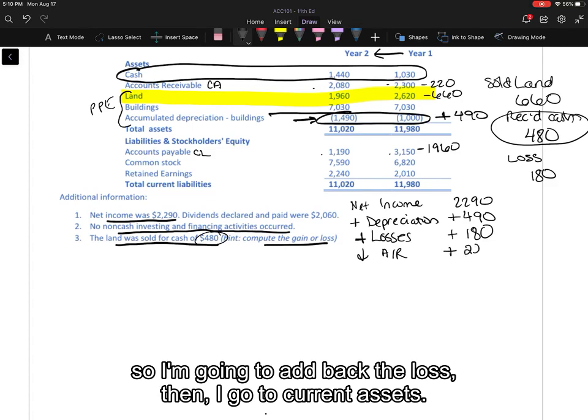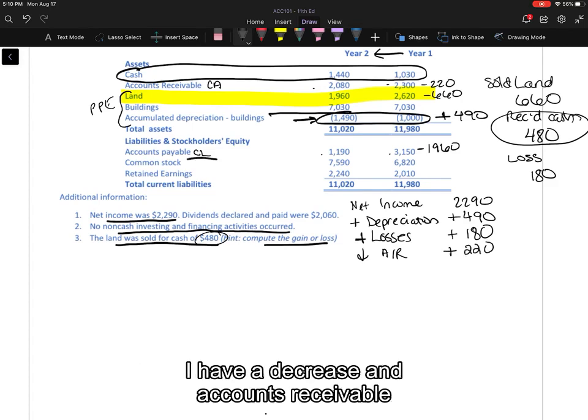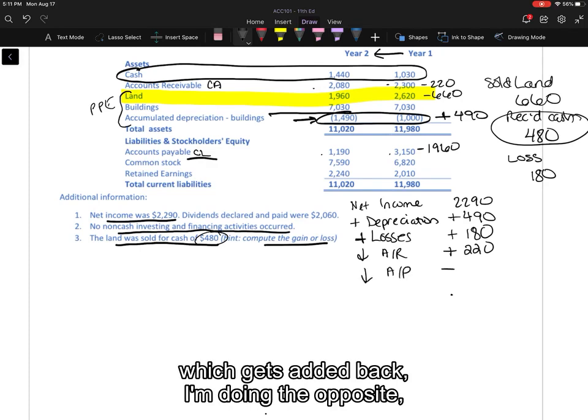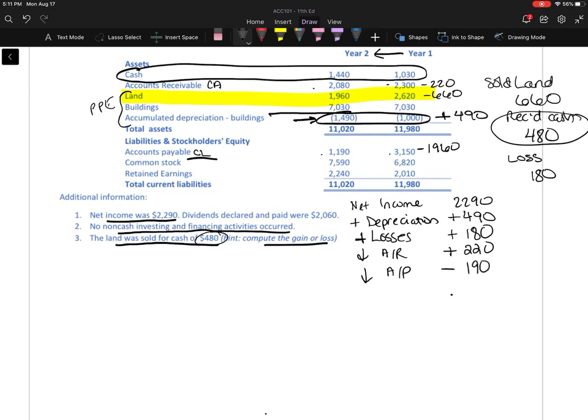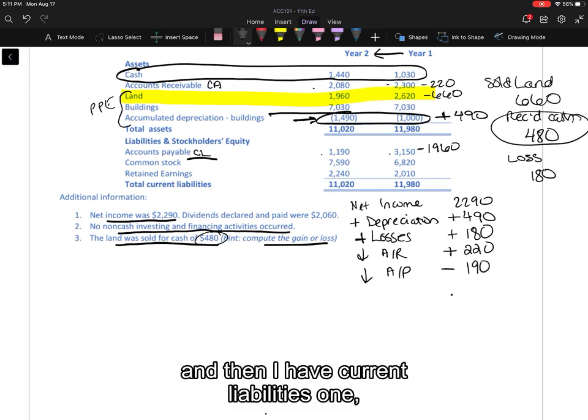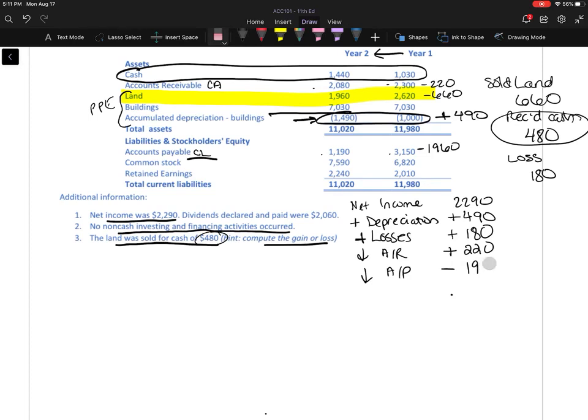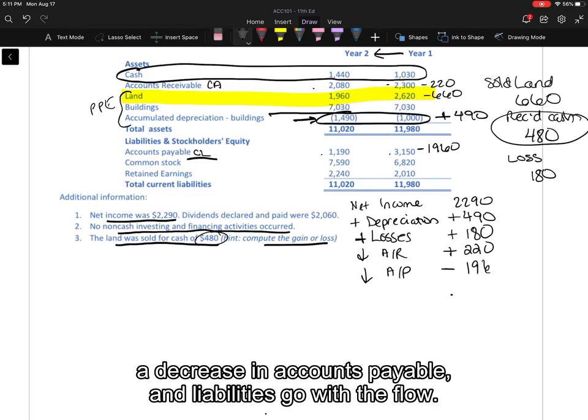Then I go to current assets. So I have, what was that? A decrease in accounts receivable, which gets added back. I'm doing the opposite. And then I have current liabilities, a decrease in accounts payable, and liabilities go with the flow.